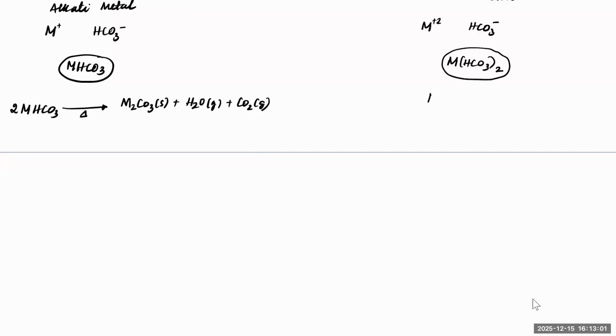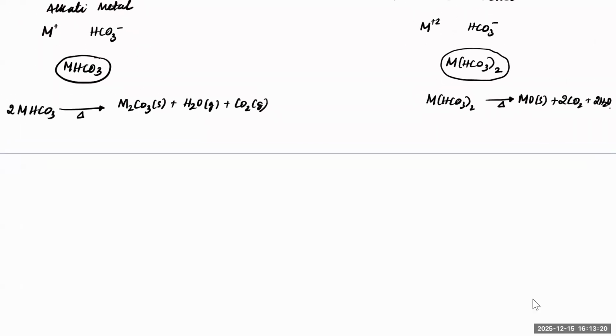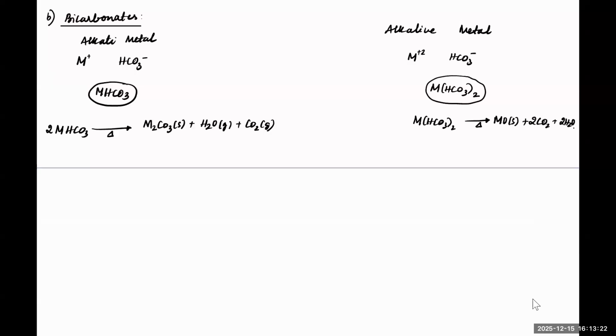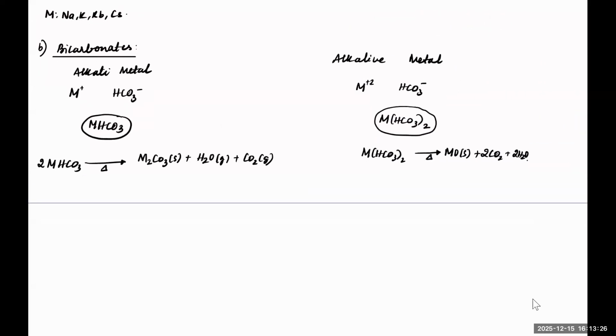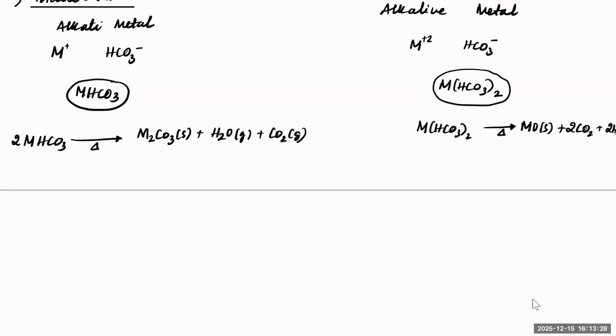While if you take alkaline earth metal bicarbonate here, as you start heating, this will convert into metal oxide plus 2 moles of CO2 plus 2 moles of H2O. So this is the major difference between how alkali metals and alkaline earth metals decompose in their bicarbonate forms.